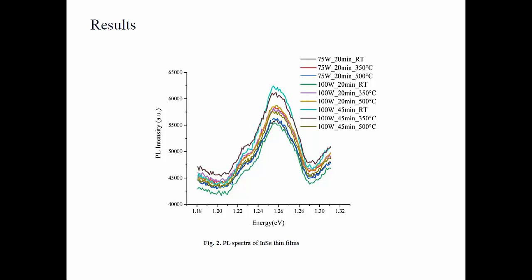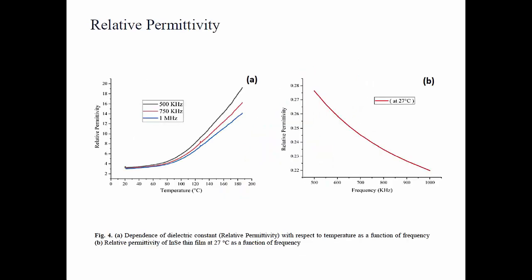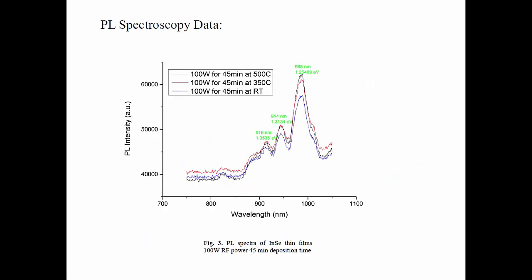So, photodetector applications can be made. As these are materials with different phases, different phases are also present in those thin films, so they have some different band gaps.